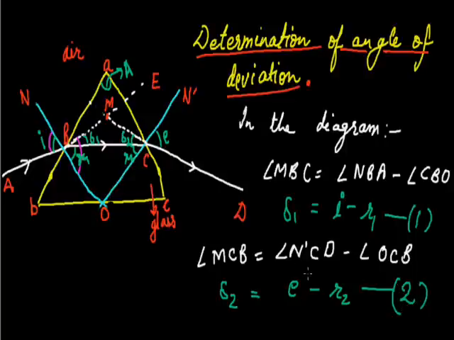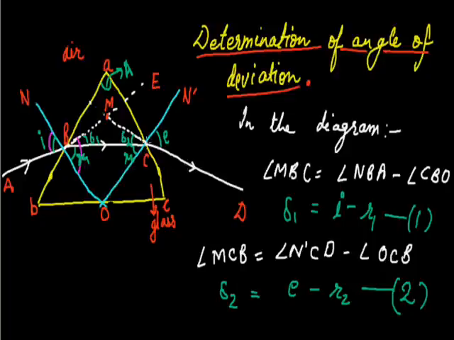Now, in the whole process of these two refractions, if we find the total angle of deviation, it will be the angle between the original incident ray, BE being the original incident direction, and the finally emergent ray CD.